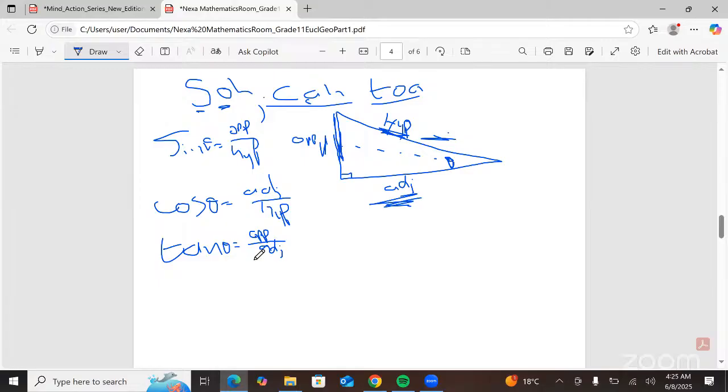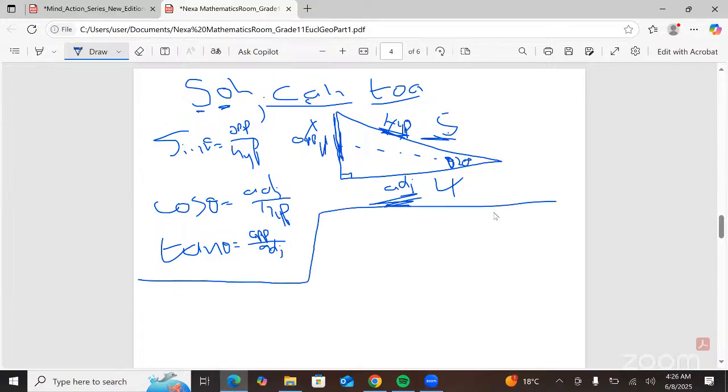Yes, sir. So sometimes they can say to you, you have 5 centimeters here, you have 4 centimeters now, what is the value of x if this angle here is 20 degrees? I doubt they can ask you that in grade 12. In grade 12, they ask a tricky question.